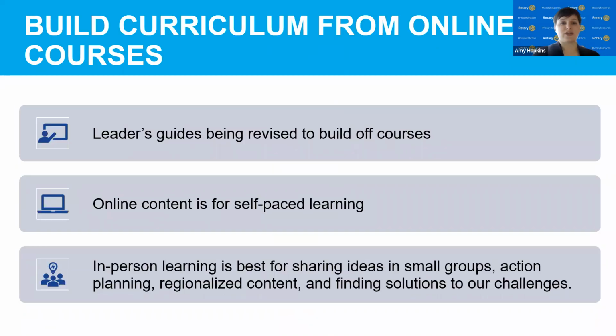So with this change, as we've discussed before, the courses are that baseline information, and we are taking our leaders guides and revising them to build off the courses that exist in the Learning Center. We go into it assuming that participants will have completed those courses before coming to in-person events, because those online courses are best for self-paced learning, while in-person learning is best for sharing ideas, action planning, focusing on that regional content and problem solving.